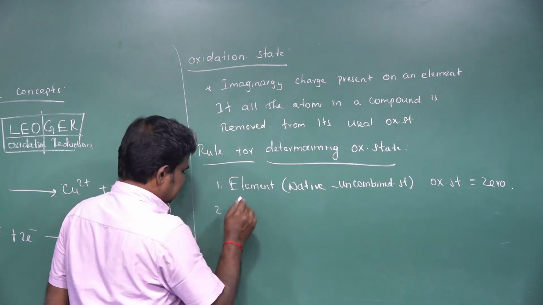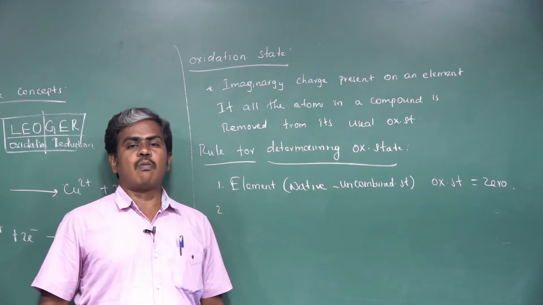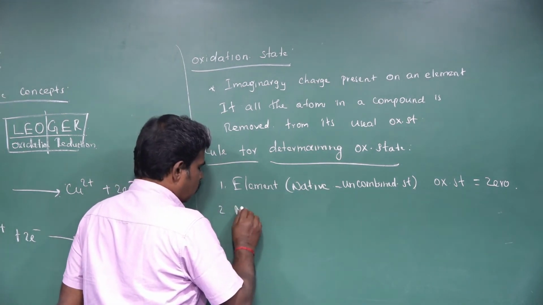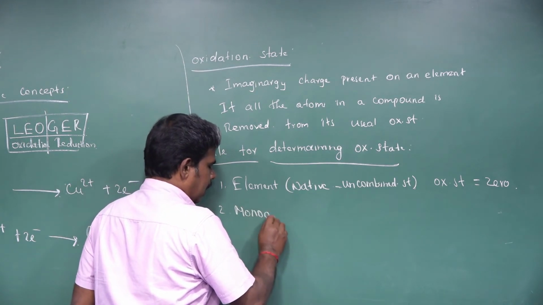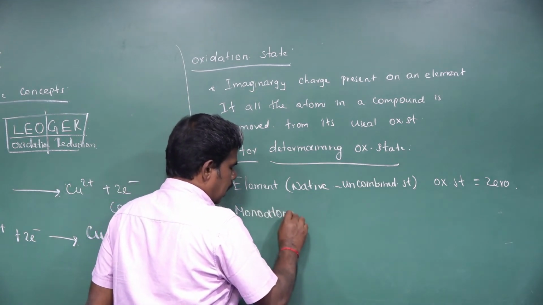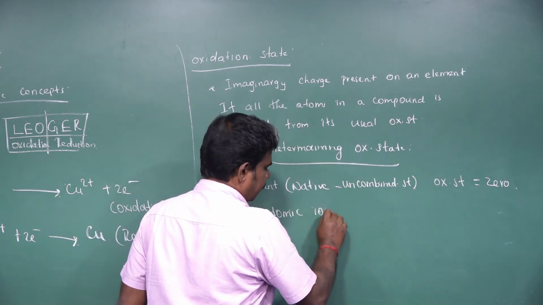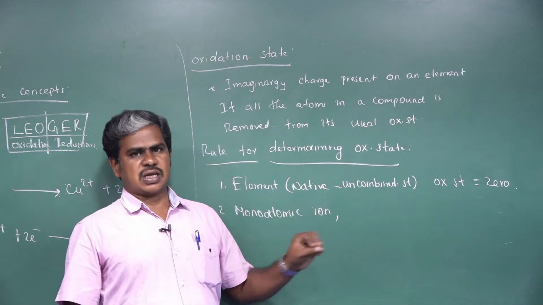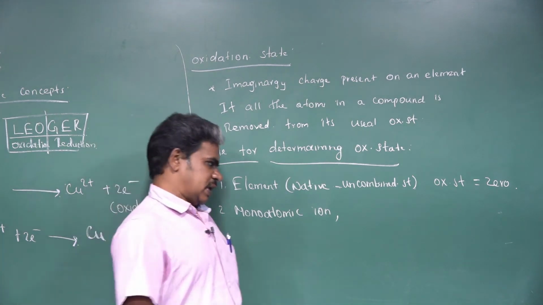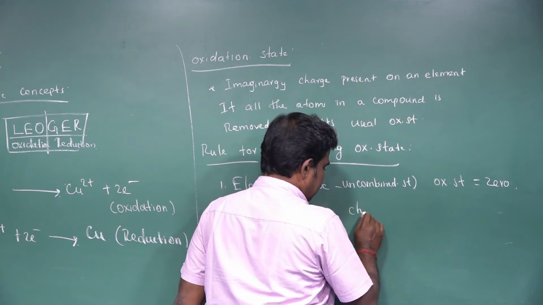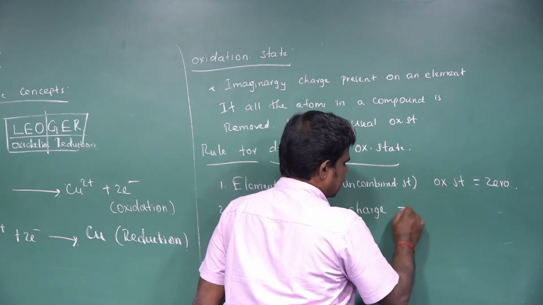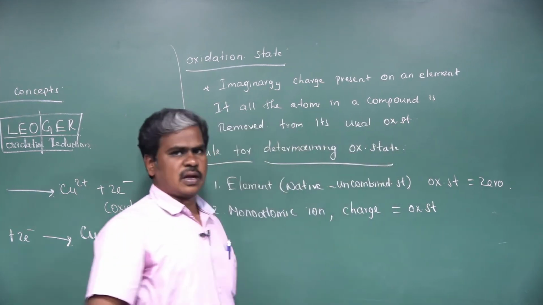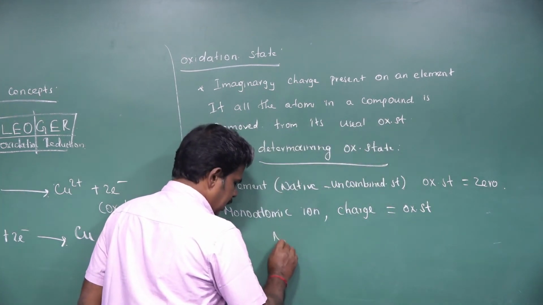Now we are taking an element as a monoatomic ion. For a monoatomic ion, the net charge is equal to its oxidation state. For example, we may take Na+.